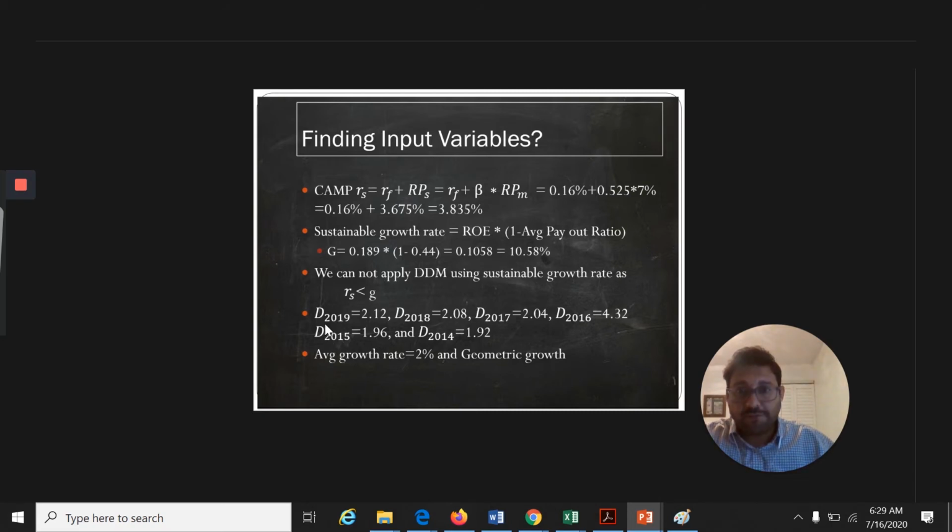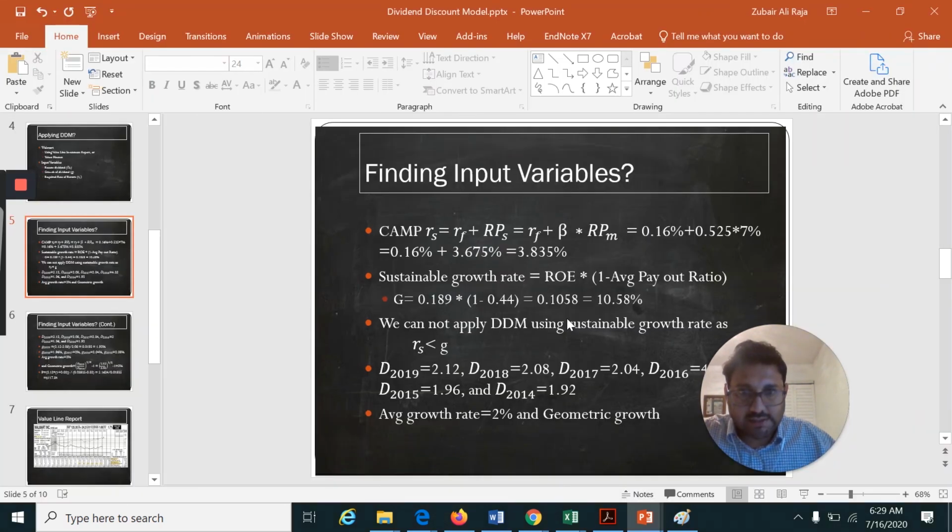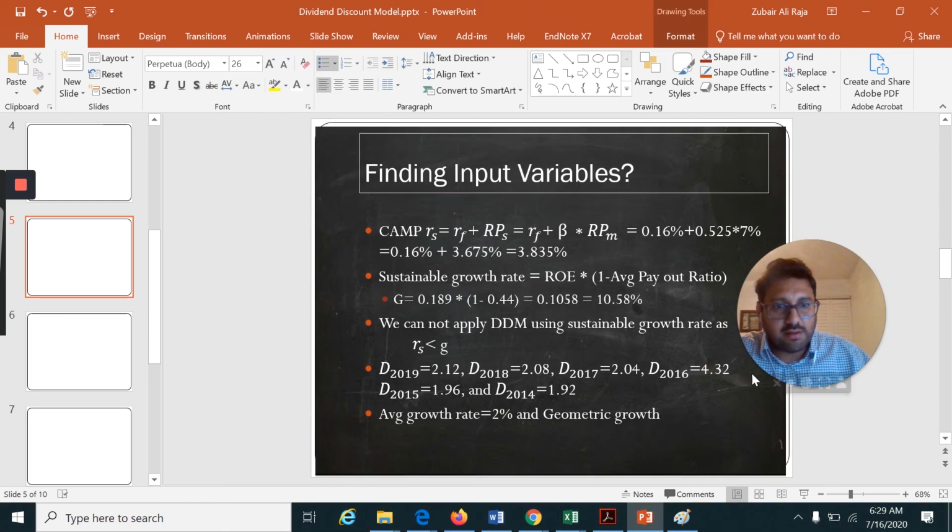So if you see, I actually gathered the actual data on the dividend of the Walmart stock. In 2019 they paid 2.12, in 2018 they paid 2.08, in 2017 they paid 2.04, in 2016 they paid, actually not, this is 3.2, this is not the situation. Actually they paid $2 only.